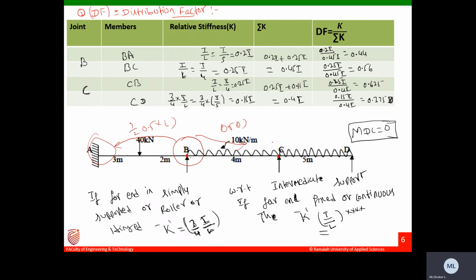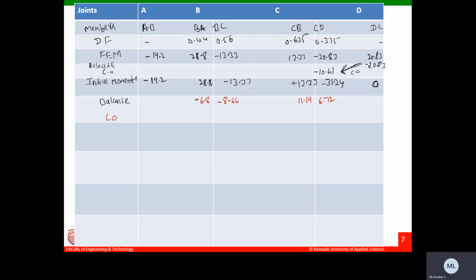Similarly, C to B, 0.5 I need to do, but C to D I cannot do because it is simply supported or hinge. Movement at that point will be 0. So we need to remember this point, guys.